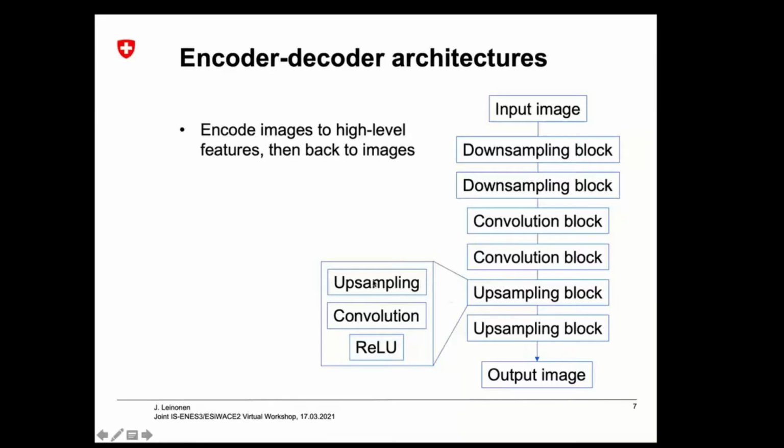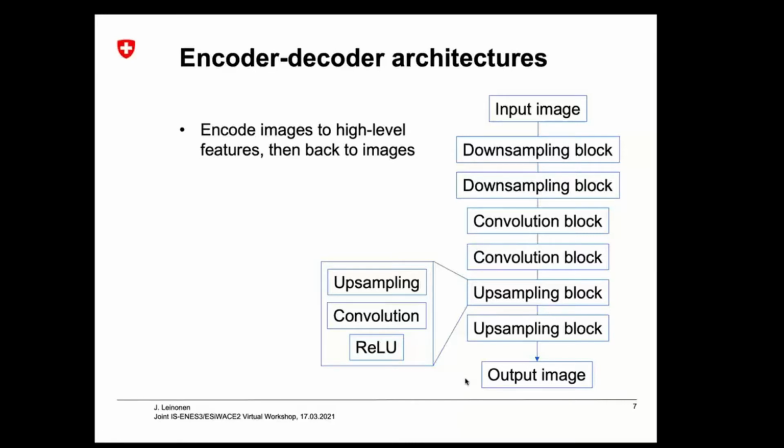So the upsampling block has an upsampling operation where we increase the size of the image, and then we do a convolution and a nonlinearity like in the other blocks. And this way we get an output image that is the same size as the input.